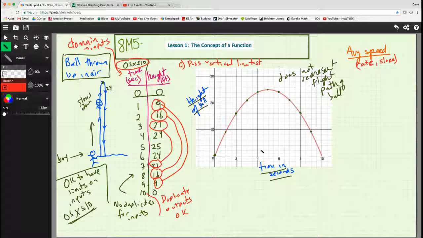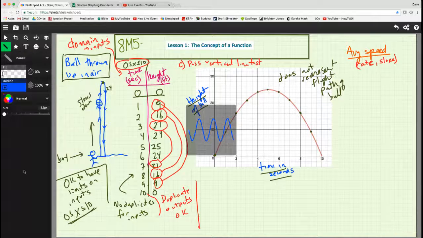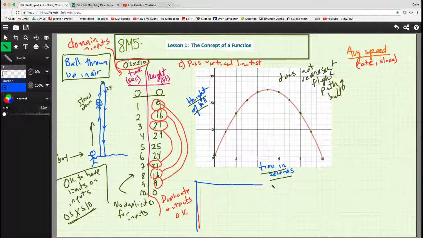There we have it. So the interesting thing about this graph is, let's go back to 8 and 4 for a second, and let's ask ourselves some questions. This is not a linear function.